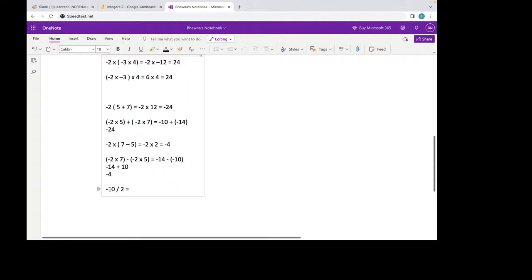So this time also we are going to get a negative quotient. That will be minus 5, because the divisor is positive and the dividend is negative. So the quotient we get will be negative.